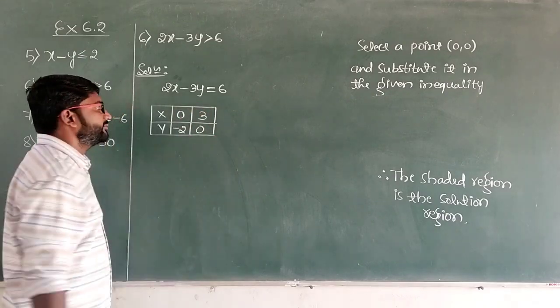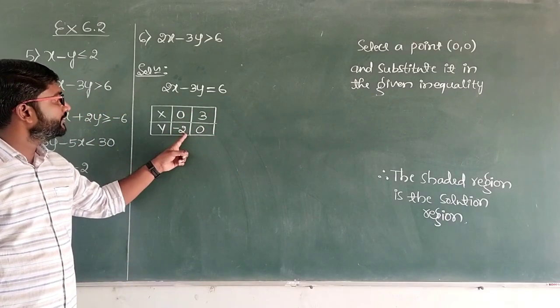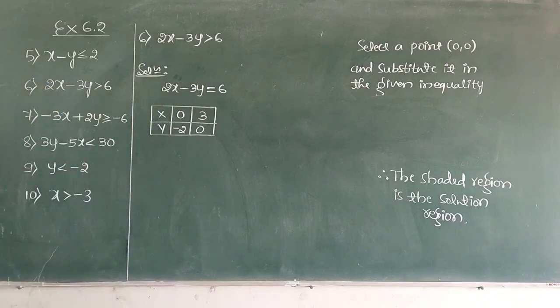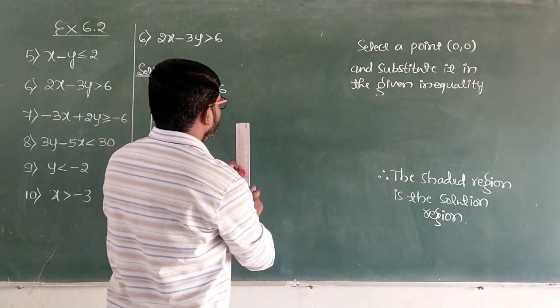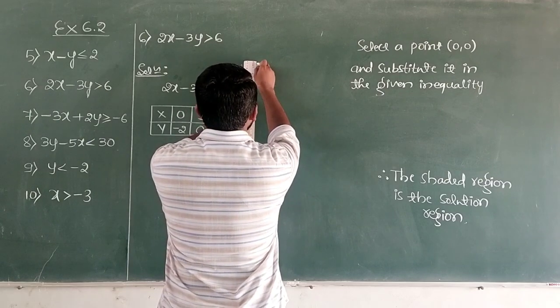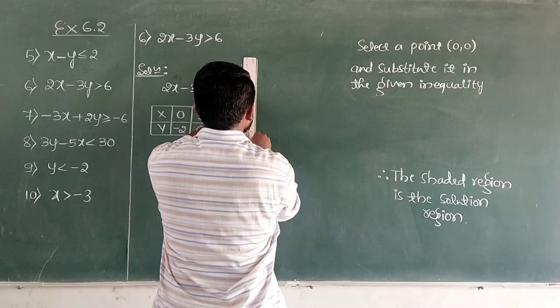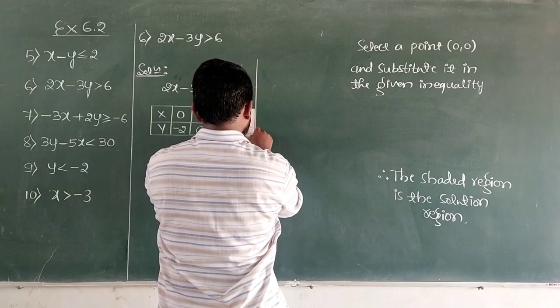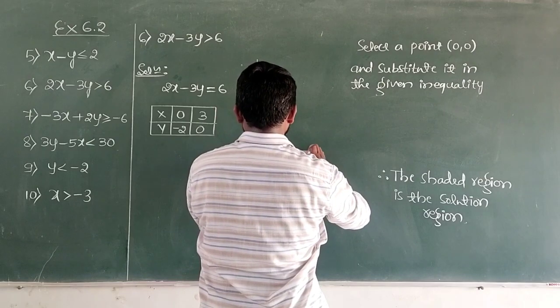So what are the 2 points we have? 0 comma minus 2 and 3 comma 0. With the help of these 2 points we have to go for the graph. So let us proceed with the graph. This is y-axis.